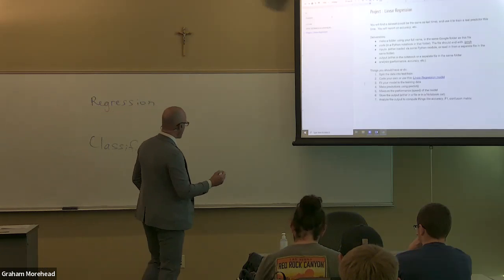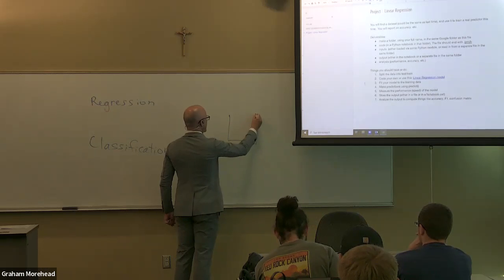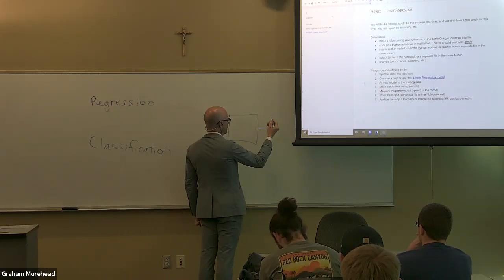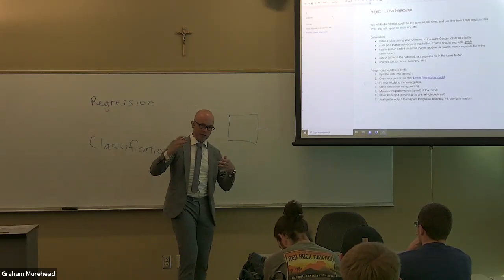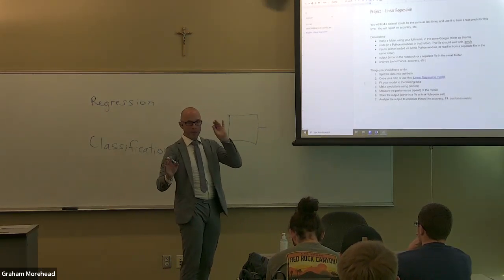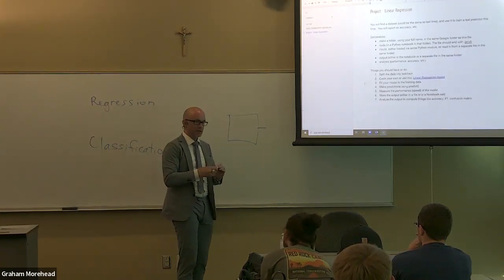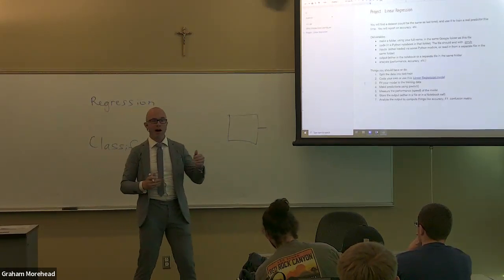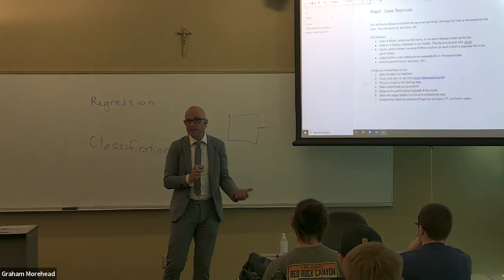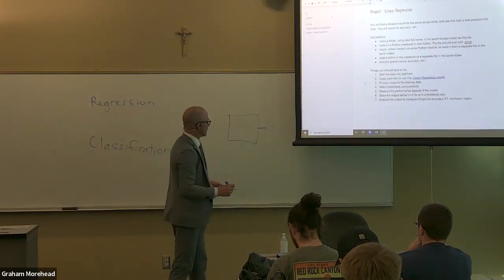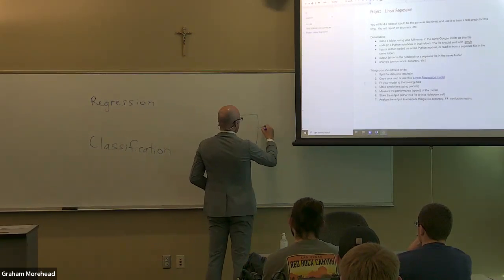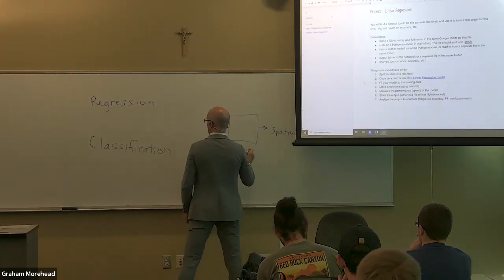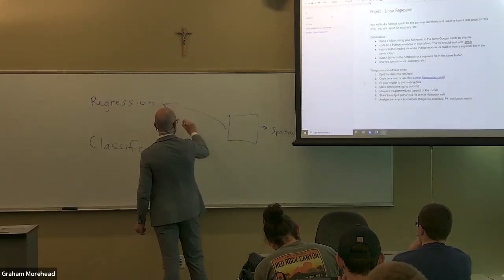If the black box that you're building outputs a class, like class 1, class 2, class 3, class 4, or if it's outputting numbers on a spectrum, like how hot is it going to be tomorrow, not is it going to be hot, but how hot, then that's regression.